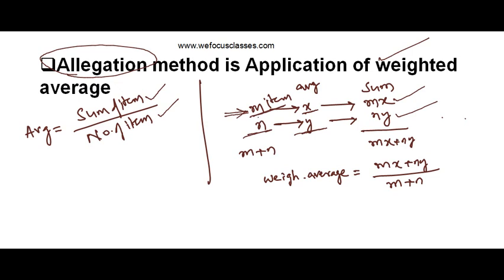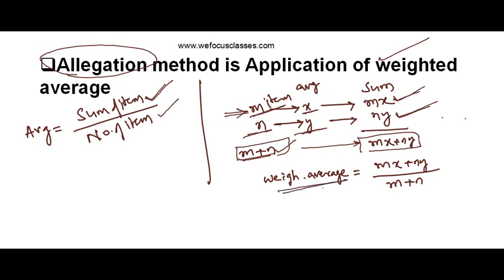If you combine these two groups, you get m plus n items, and to calculate this average we must know the sum of the items. You already know the first group sum, mx, and the second group sum, ny, so for m plus n items the sum is mx plus ny.